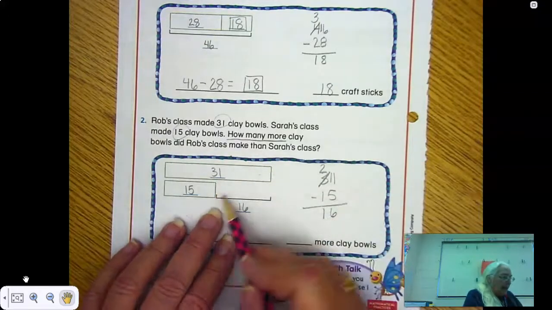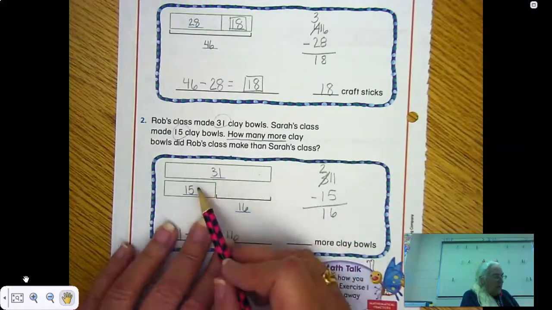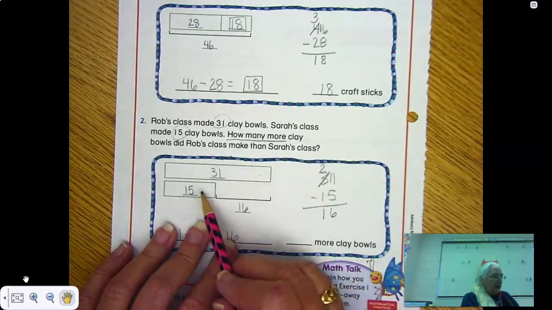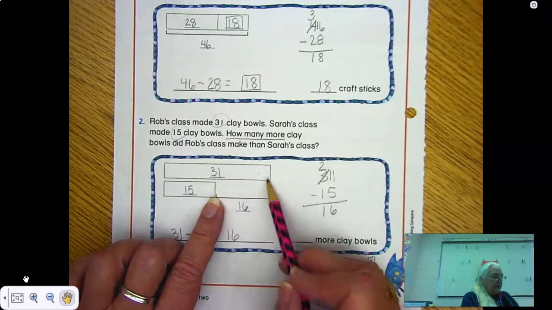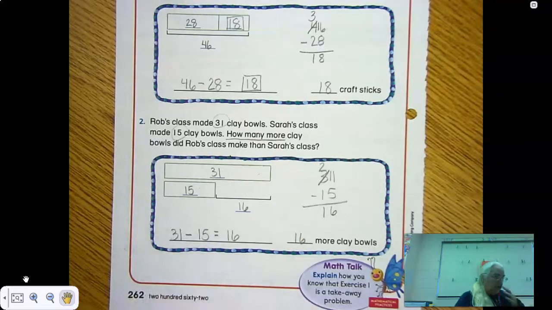So Rob's class made 16 more clay bowls than Sarah's class. They made 31 altogether. Her class made 15. So the difference, the amount that their class made more, is this amount, 16 more clay bowls.